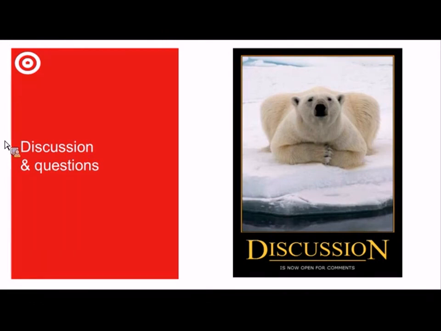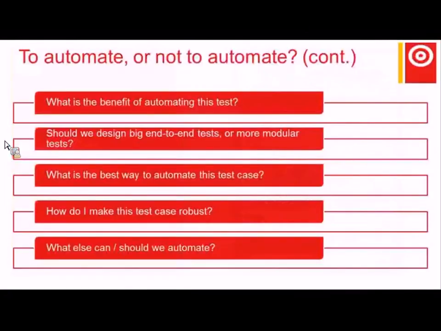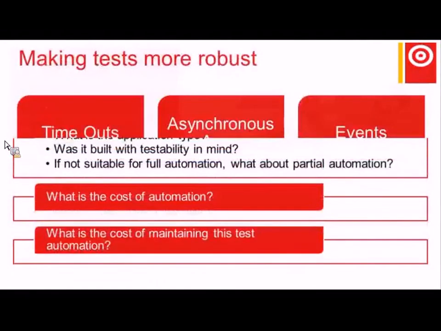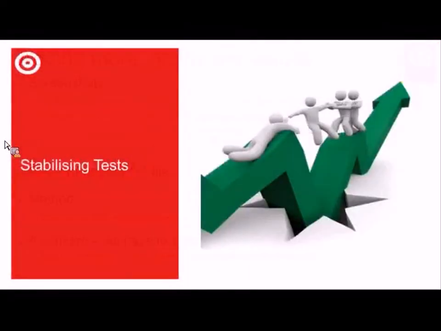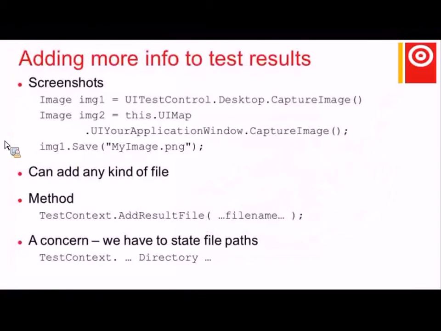I apologize, I've forgotten the precise name of it. But that method, which I showed you on one of my previous slides, will, here we go, add result file. This add result file method will attach the file into the results of the particular test run, and so the saved image won't be overwritten each time you run the test.